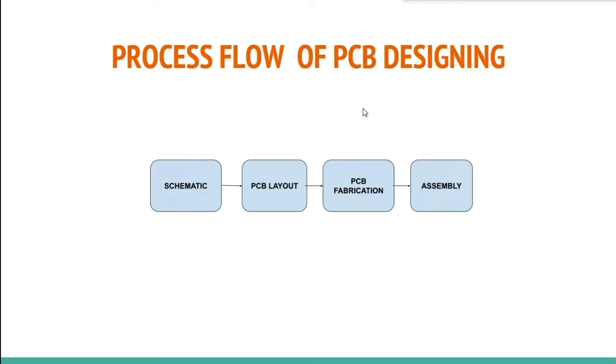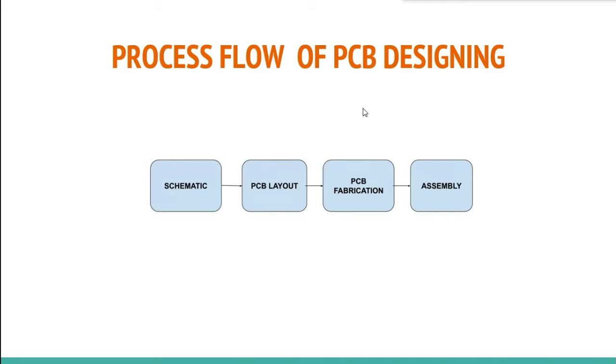Next is fabrication. Fabrication is nothing but layers of board are put together along with specific patterns, so that it can be used for your electronic assembly. That is, it is nothing but transferring your board design into physical structure.